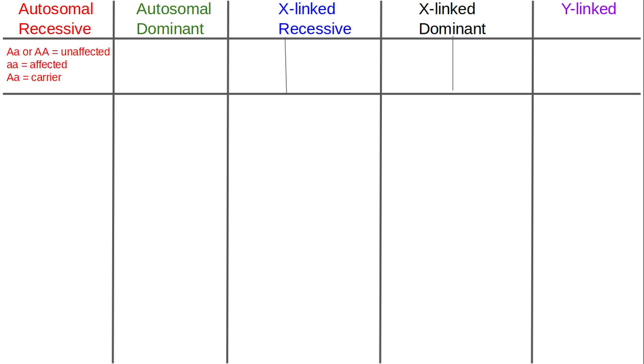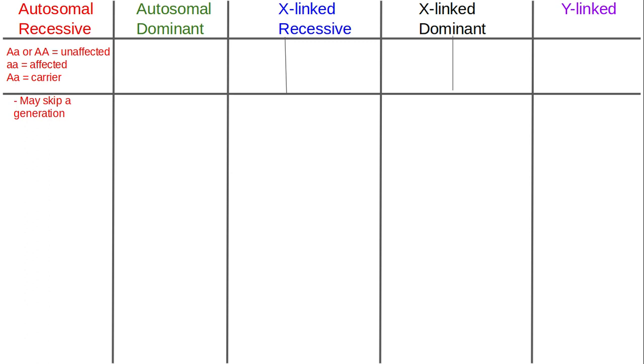When we talk about them, we are going to use the following different things. Here are the letters that tell you if something is affected or unaffected. Affected means they have a disease. Unaffected means they do not have the disease. A carrier is someone who's heterozygous that carries the allele for the disease but does not have the disease.